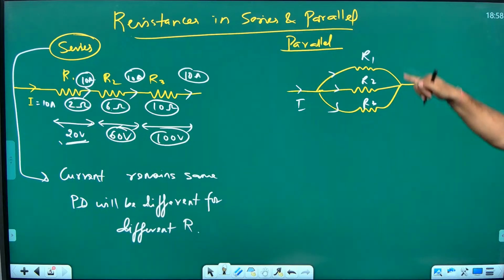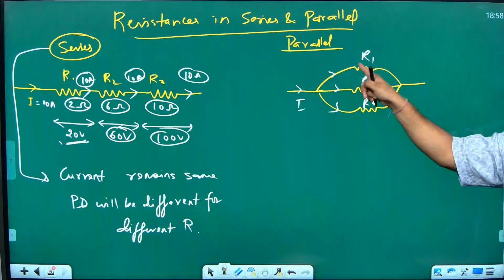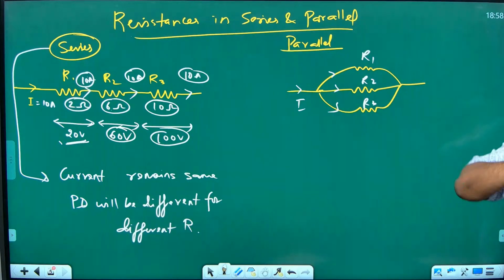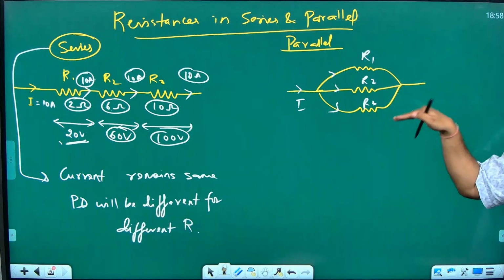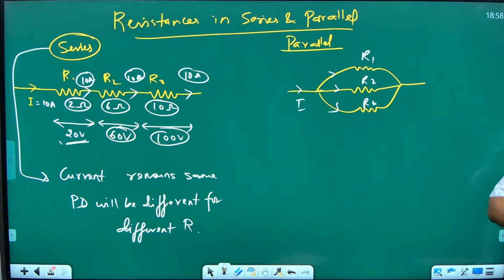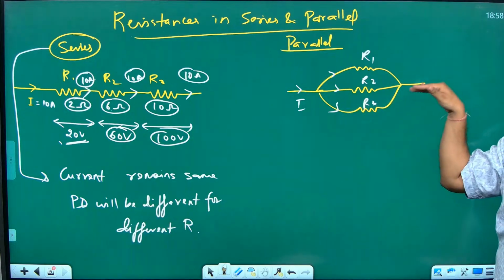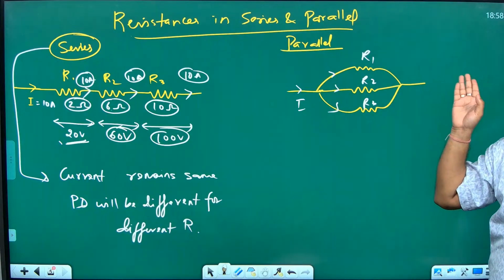Suppose it is 2 ohm, 2 ohm and 2 ohm, then out of 10 ampere, 3.33 will go here, 3.33 here, 3.33 here, equally divided. But if you have different resistances like 2 ohm, 5 ohm, 11 ohm, the path with more resistance gets less current. 1 ampere may go here, 3 ampere here, 6 ampere here.